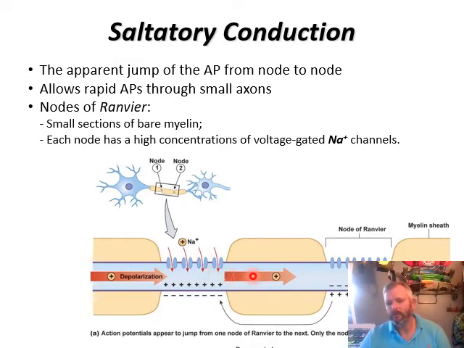Opening in these channels, we can skip down here, boom, opening there. So we don't have to open all down the way. So this makes a much quicker rate of depolarization, quicker rate of action potential. And you see the nodes. Where do we find the sodium channels? Just in those nodes of Ranvier.